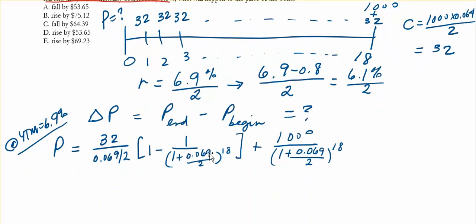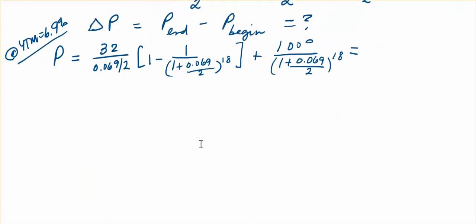Notice that instead of writing out what 6.9% divided by 2 is, I just write this because I know that I'm going to carry on more digits, and the less amount of calculations you have to do in the interim, the better for not making a mistake.